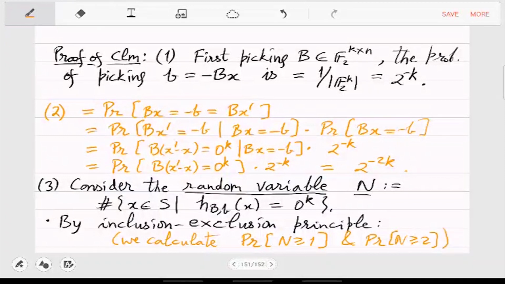These two probabilities we will calculate, and then the difference will give us when it is 1.